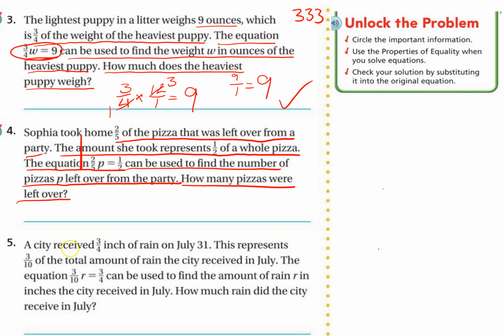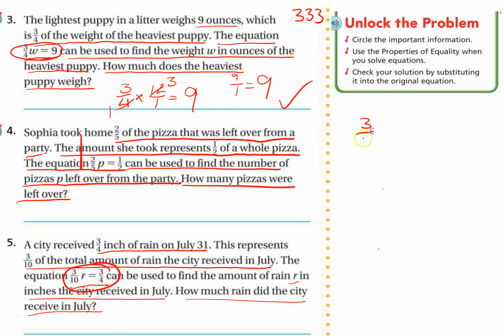Okay, number 5. A city received 3/4 inch of rain on July 31st. This represents 3/10 of the total amount of rain the city received in July. The equation 3/10 R equals 3/4 can be used to find the amount of rain R in inches the city received in July. How much rain did the city receive in July? Okay, well, we need to use our equation.